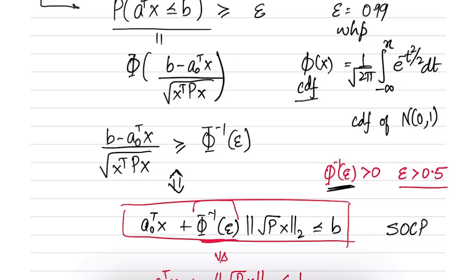Instead of 0.99 I can also have 0.9, and then we are satisfying the constraint with slightly lesser probability, and therefore this scale factor multiplies with P. So we have a larger region, more uncertainty in A, or in other words, the problem is more robust.